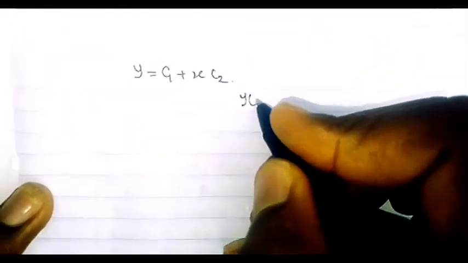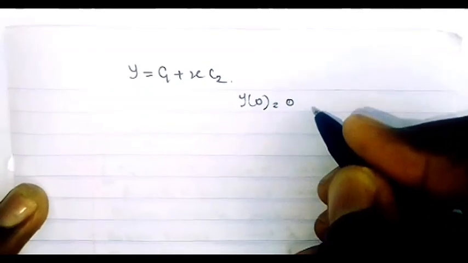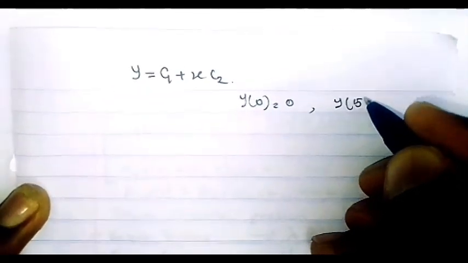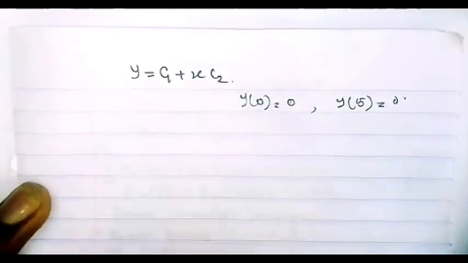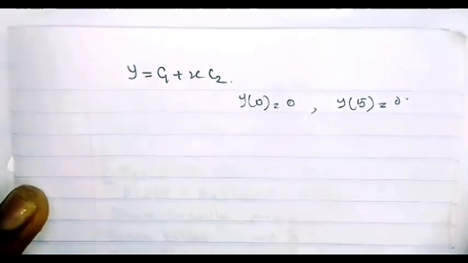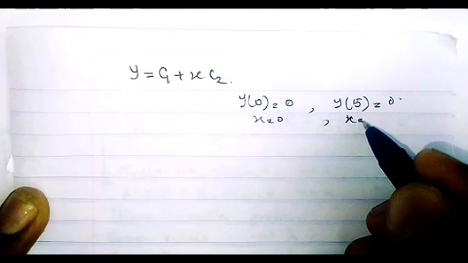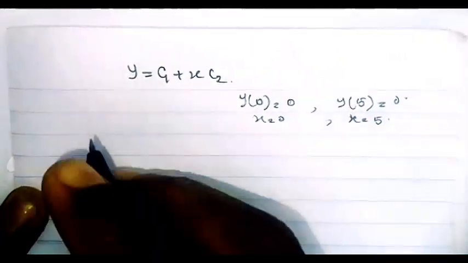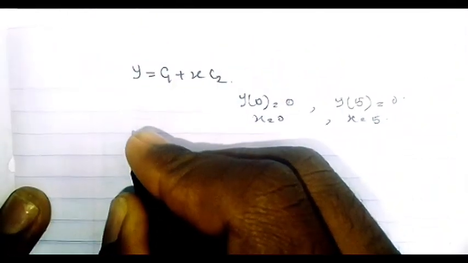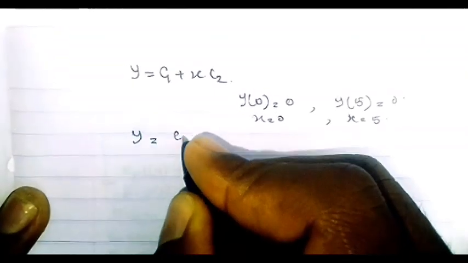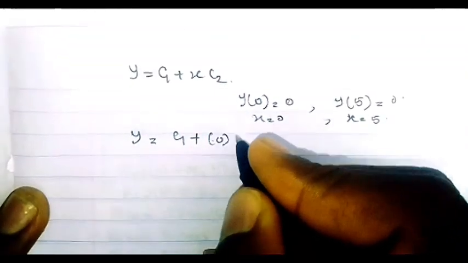What next? If you can remember our boundary conditions, we were given y of 0 is equal to 0, and we're also given y of 5 is equal to 0. Which means that when x is equal to 0, y is 0, and when x is equal to 5, y is also 0. So now let's substitute.